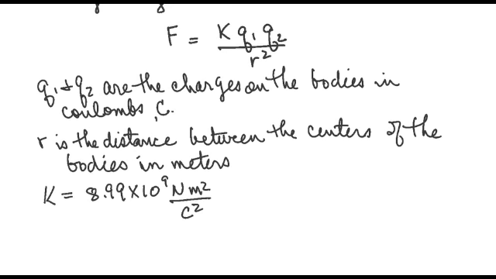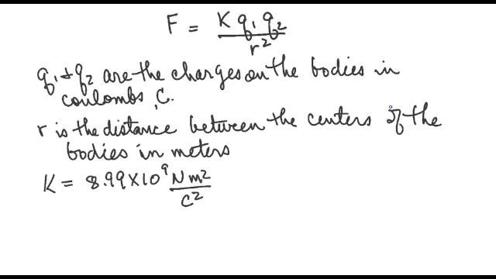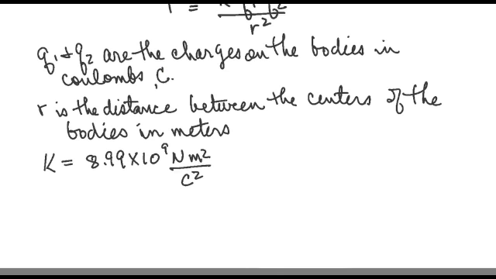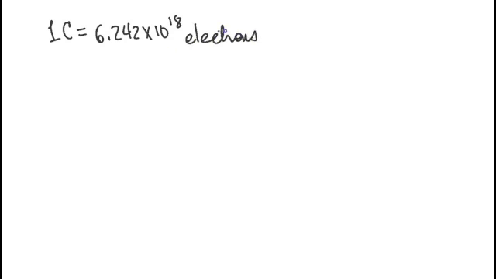Now, the charges are in coulombs, as it says right up here. And we're going to use two different definitions for a coulomb. The first definition we're going to use is that 1 coulomb is equal to 6.242 times 10 to the 18th electrons or protons.